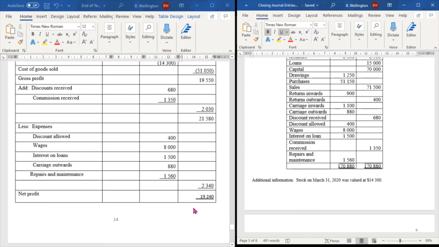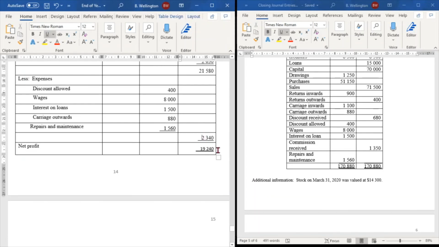Looks like we made a mistake here. How did we get our total expenses to be 2,340? Big mistake. So we left off a 1 there.